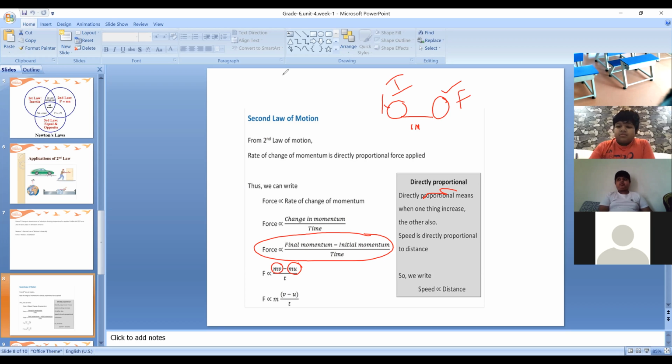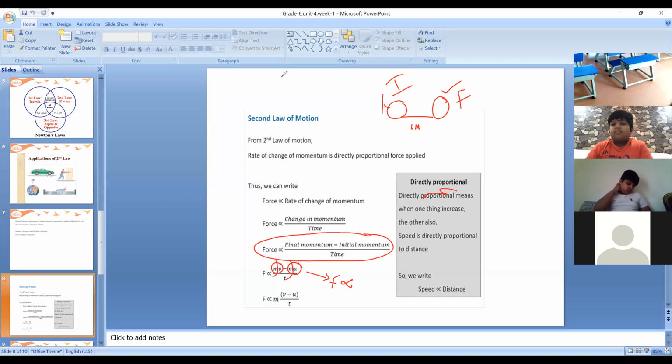Now what we are doing here, we are writing F is directly proportional to, we are taking M as common, because both have M in their formula.